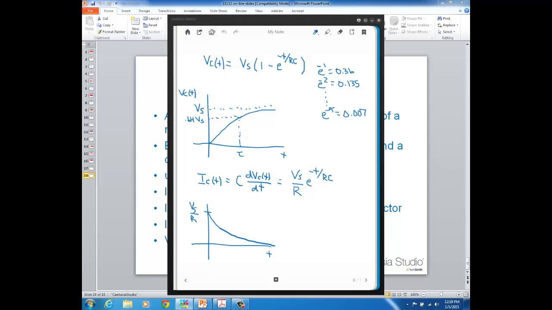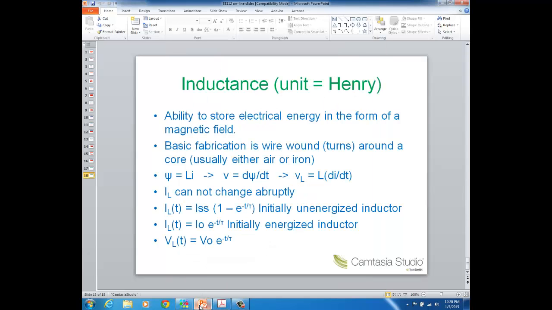And for an inductor, it's going to be the voltage that decays exponentially over time instead of the current. And then if you have an initially energized inductor, meaning that you have an inductor that has stored energy at t equals 0, and then you connect it to a resistance, its current is going to decay exponentially along with its voltage, just like in the capacitor case.